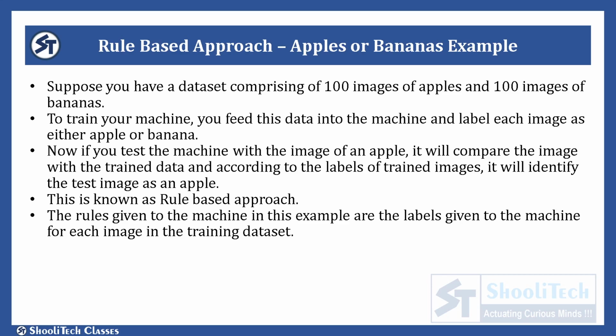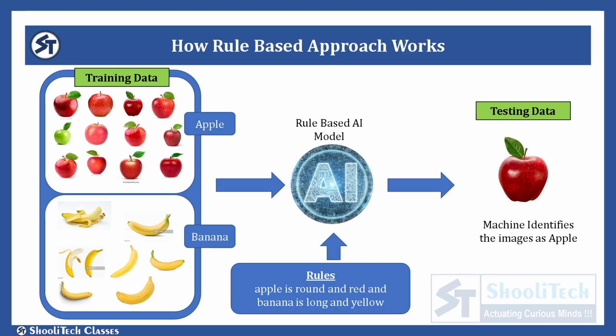Suppose we want to create a rule-based model that can identify the images of apples and bananas. And for that, we have a dataset comprising 100 images of apples and 100 images of bananas. Now to train our machine, we feed this data into the machine and label each image as either an apple or a banana.